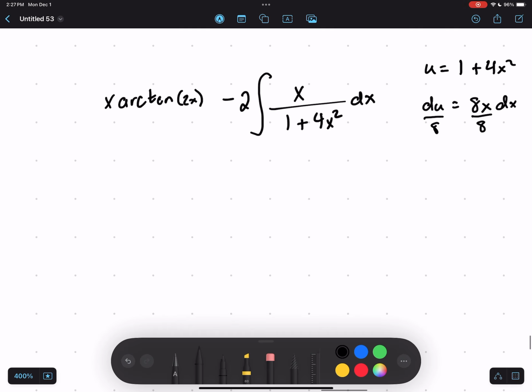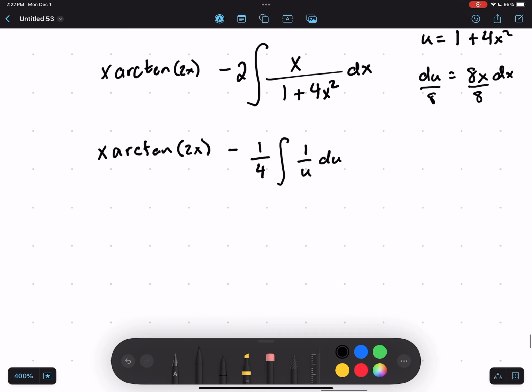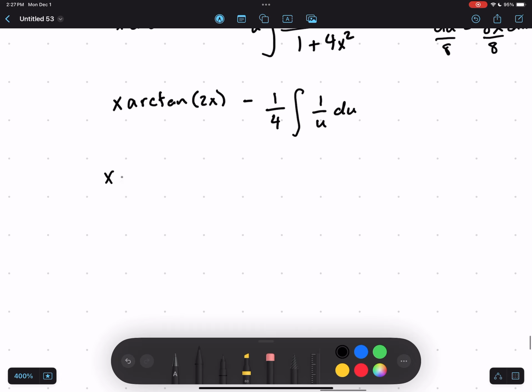And so what this ends up looking like is still x arctan 2x on the left, minus now, we've got 2 over 8, which is just 1/4, so we'll simplify that now, times the integral, we've got x dx, so that's just your du. So what we'll have is 1 over u du, and this again, of course, will simplify once more.